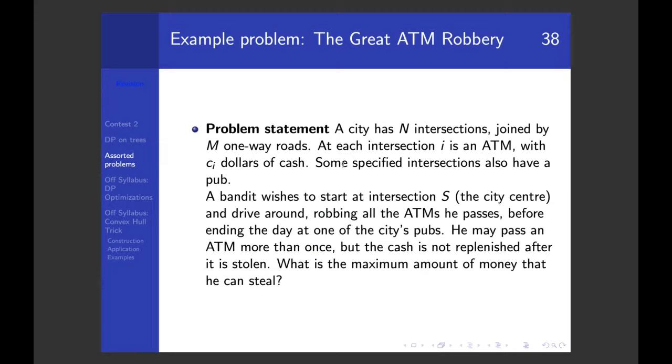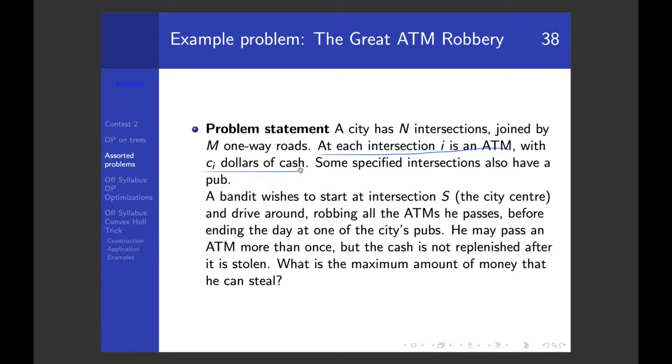Okay, so this problem, ATM: we're given a city with n intersections joined by m one-way roads. That is, you're given a directed graph. At each intersection is an ATM with some amount of dollars. Also, some intersections, as well as an ATM, have a pub.